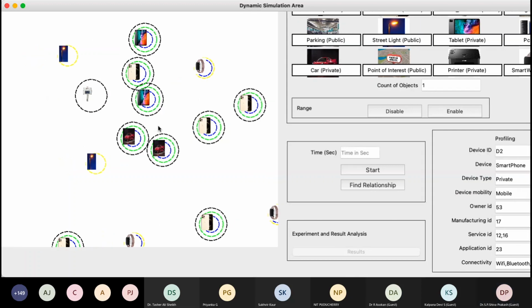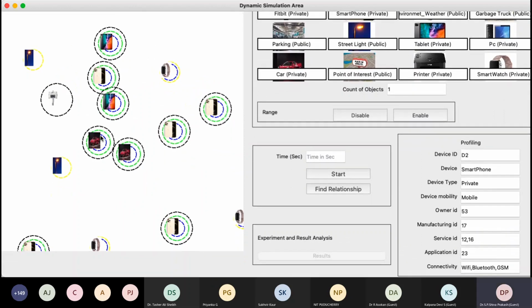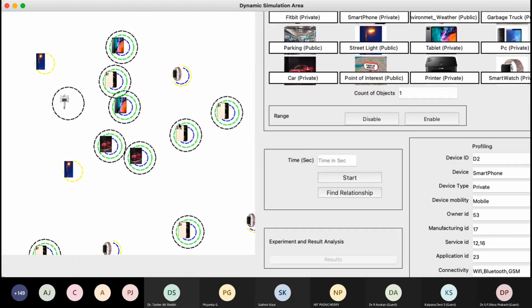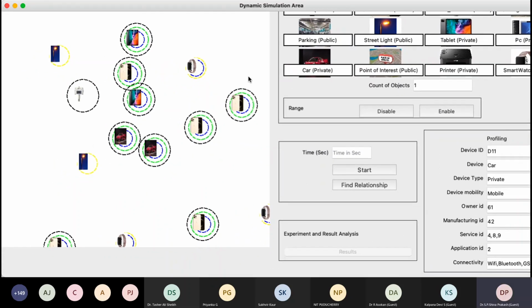Again, the device type is mobility, and the device is a car in this case. If you click on this, this is another device.